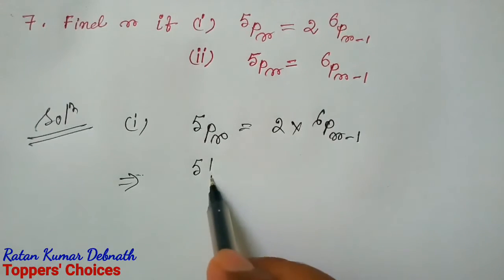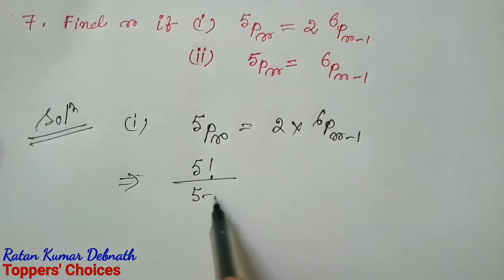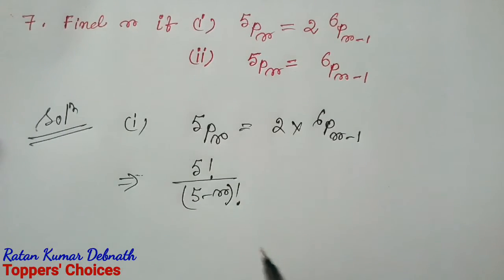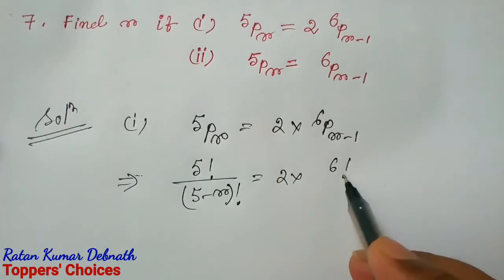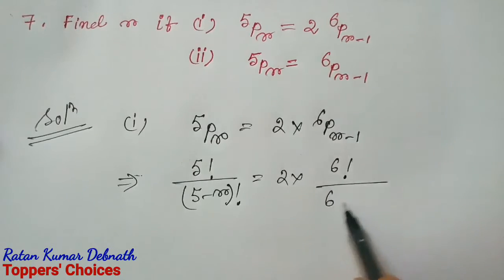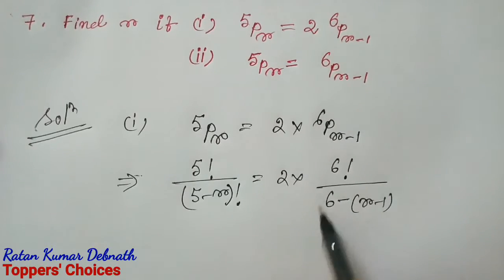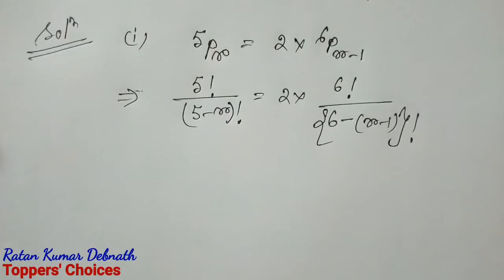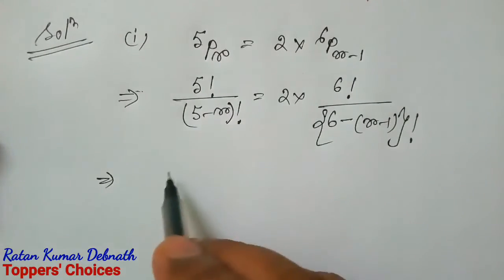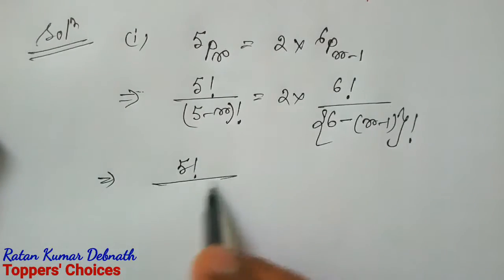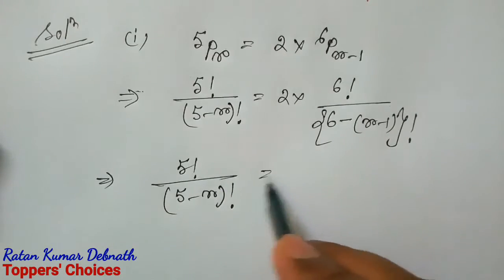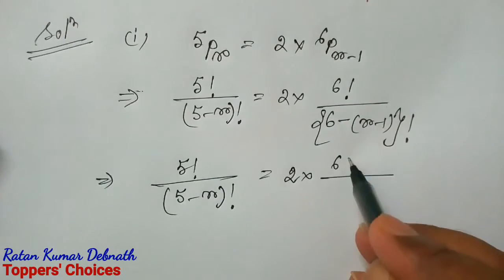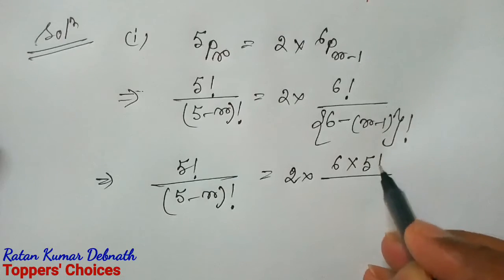5Pr means 5 factorial by 5 minus r factorial. 6P(r minus 1) equals 6 factorial by 6 minus r minus 1 factorial, which implies 5 factorial by 5 minus r factorial equals 2 into 6 into 5 factorial by 7 minus r factorial.